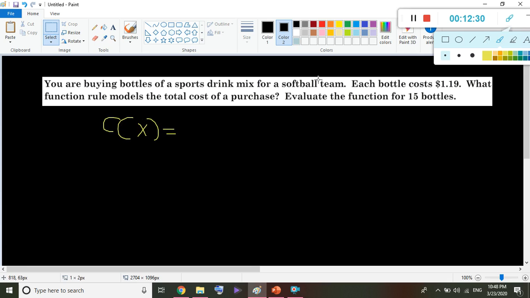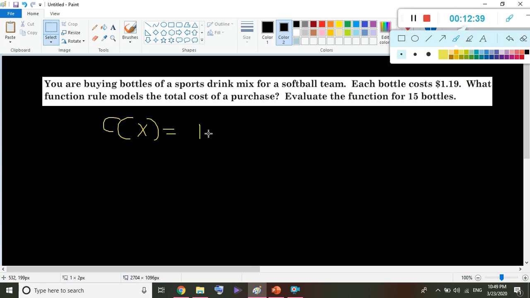It's equal to, it says here each bottle costs $1.19. So it's easy. It's going to be 1.19 multiplied by x. They asked us to evaluate the function for 15 bottles. They told us that if we have 15 bottles, what's going to be the cost or the output.